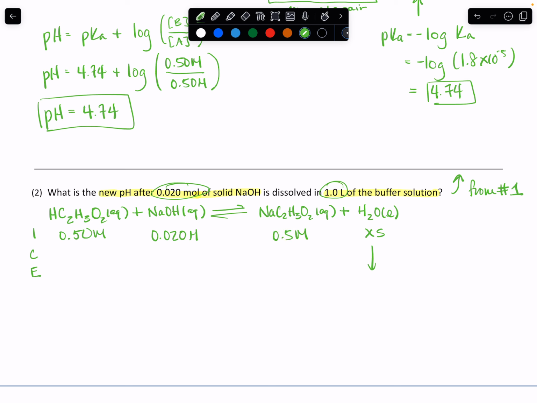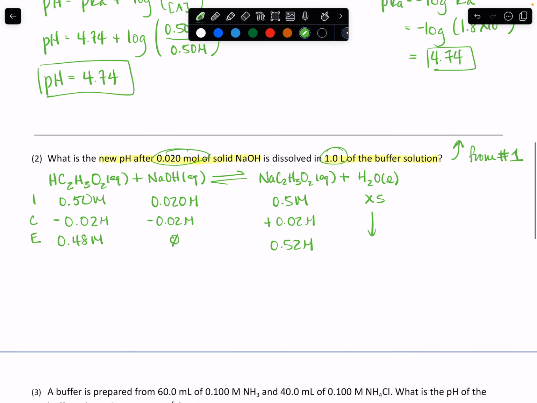I'm going to use all of that added base, so 0.02 molar minus 0.02 molar plus 0.02 molar. So this becomes 0.48 molar for the acid, 0 for that strong base, and then 0.52 molar for the conjugate. So by adding base in, we've used up a little bit of the acid from our buffer and formed a little bit more of our conjugate base.